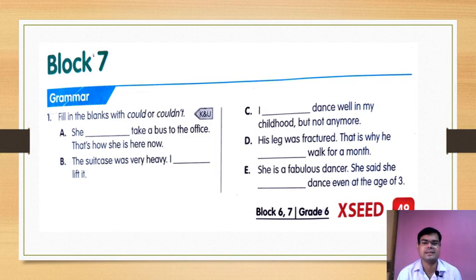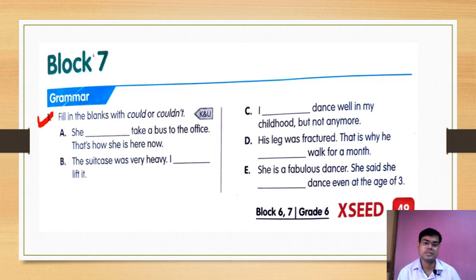Let's check these examples which are on page number 49 on your content book. In your content book just check page number 49 and you will get the same. Block 7, fill in the blanks with could or couldn't. Like first one is she dash take a bus to the office, that's how she is here now.